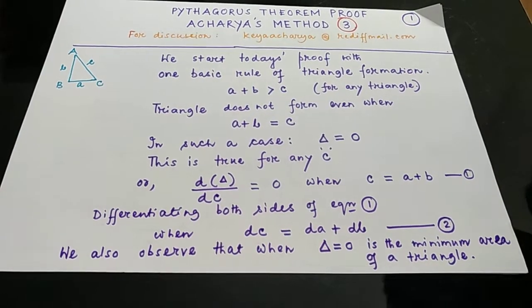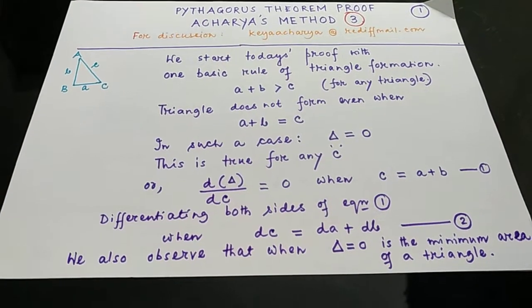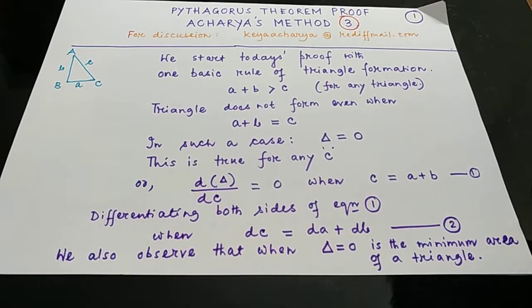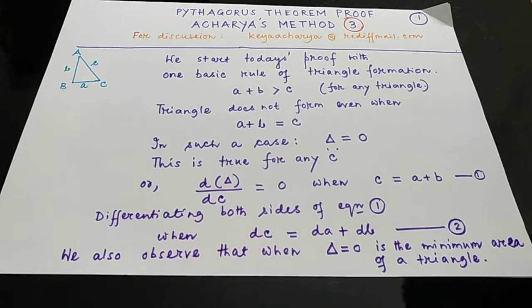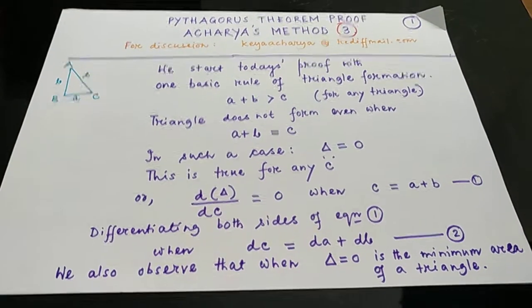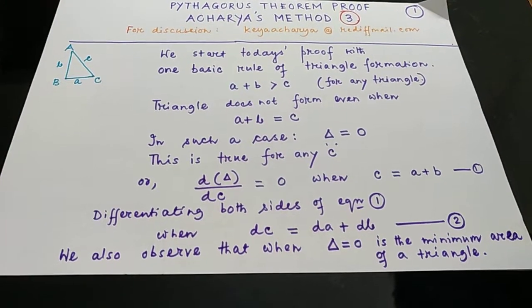So using the notation of calculus, I can write d delta, which is the area of any triangle, against dc equal to 0 when c equals a plus b.